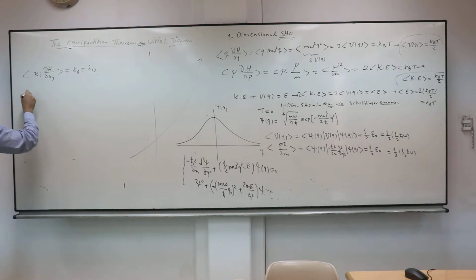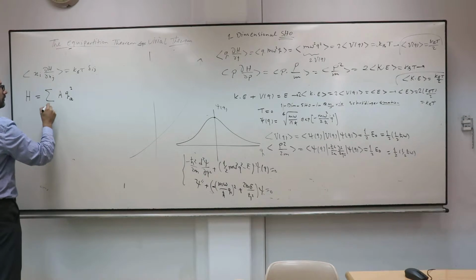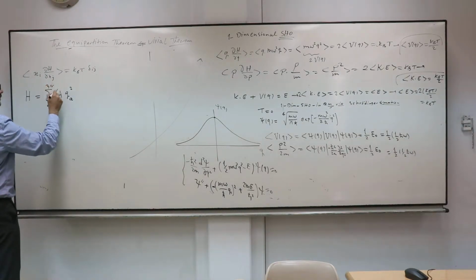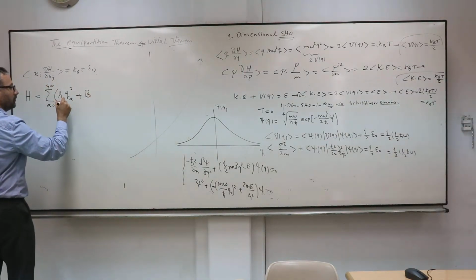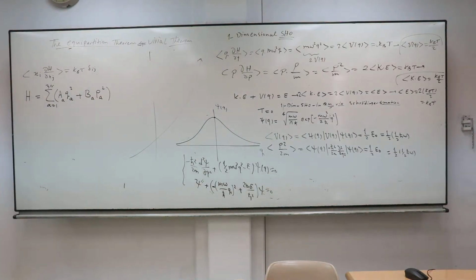Look at that. For example, we have a Hamiltonian like that. This is the general Hamiltonian, a general Hamiltonian for n particles in 3 dimensions.